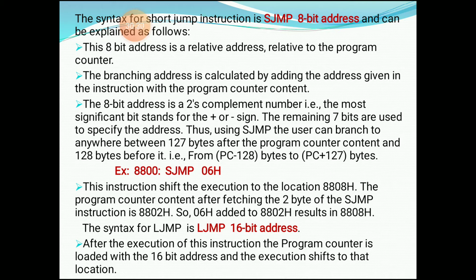Add the address specified in the instruction, that is the relative address, to that PC, and we get 8808H. The syntax for another instruction is LJMP, long jump, 16-bit address. After execution of this instruction, the program counter is loaded with the 16-bit address and execution shifts to that location.